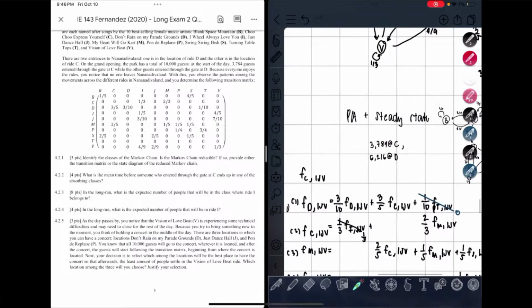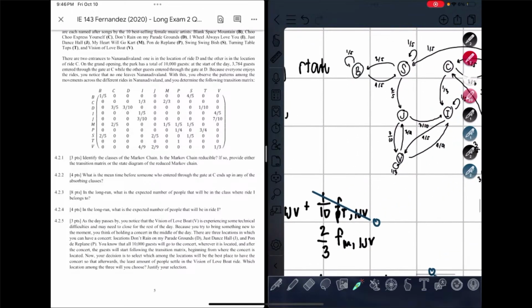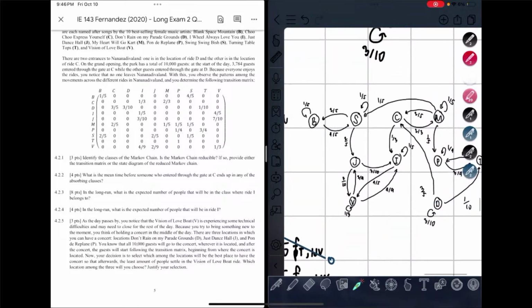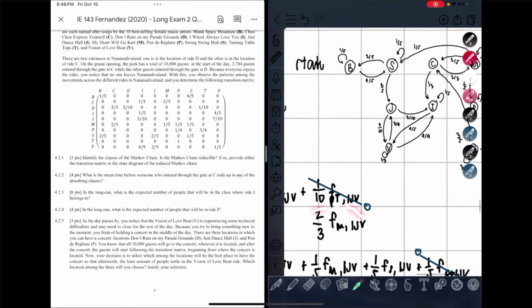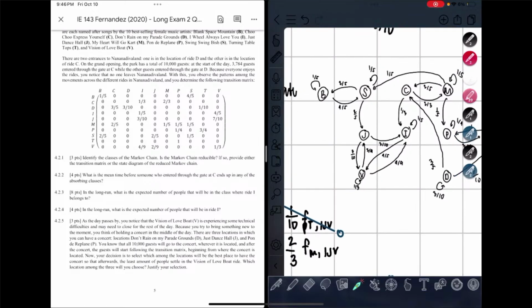So that becomes 1, right? Kasi magiging 1 to. So effectively, this term becomes 1/3 because you're already there. So probability is 1. Then FM to IJV, ito lang yan. 2/3 because 2/3 yung probability to go from C to N.